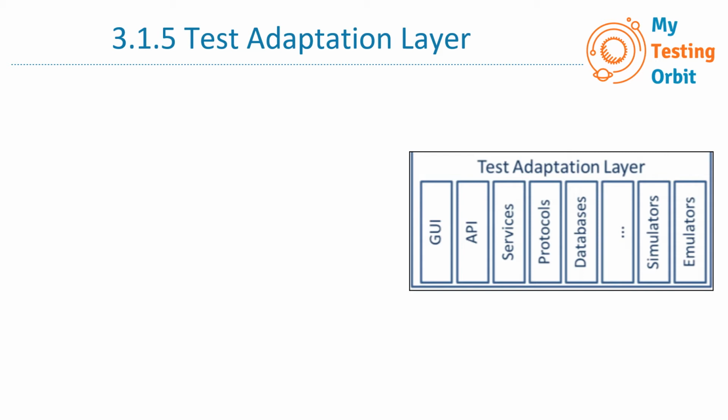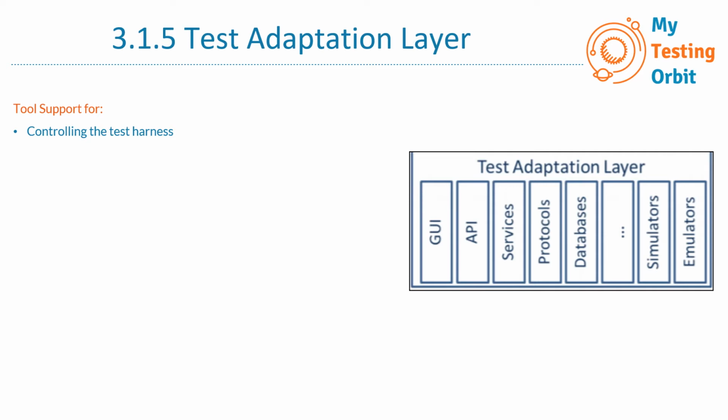Okay, now let's go through the syllabus. The syllabus states that it provides the tool support for controlling the test harness. The test harness, as we already learned in the foundation certification training, is the collection of stubs or drivers, etc., and maybe other tools as well which are required to automate test execution.